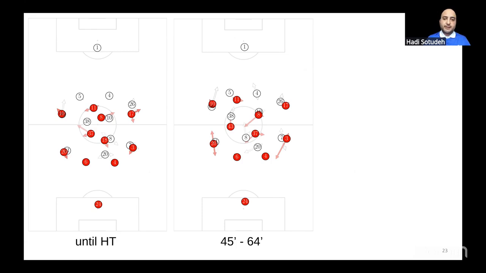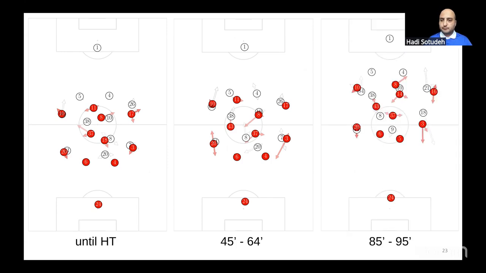What is interesting to see is that number 11 from Liverpool, Salah, and number 20 from United, Dalot, are really kind of man-to-man, as you can see in the first half and also in the second half. That's something interesting to watch today: if there is going to be a man-to-man behavior when it comes to marking Mohamed Salah.